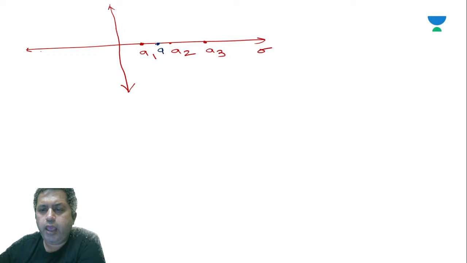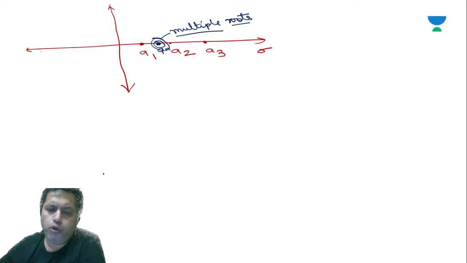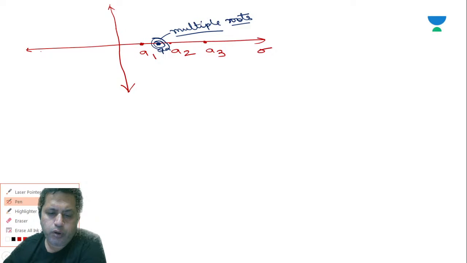This is a, this is another a, and this is the third a. So these are multiple roots. This is the pole zero plot.